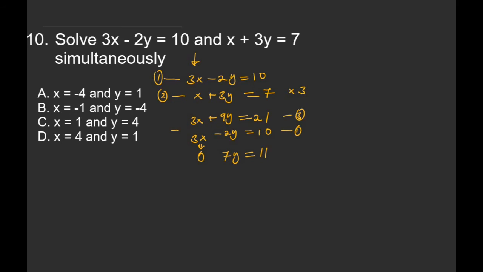Oh, okay. 9y minus 2y becomes 9y plus 2y, and that will give us 11y. Sorry, I almost made a mistake. So 9y plus 2y is 11y equal to 11. And that means y is equal to 11 over 11, which is equal to 1.